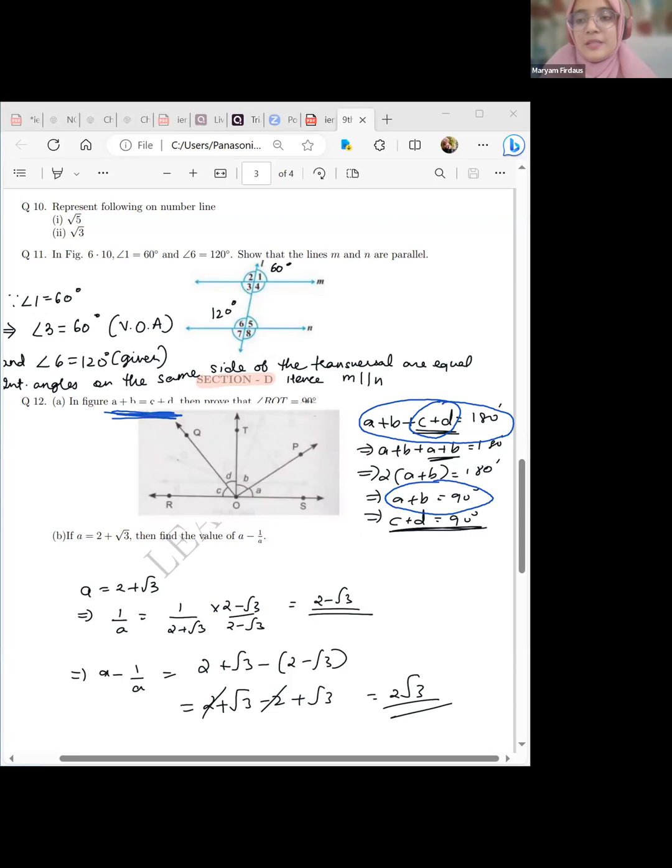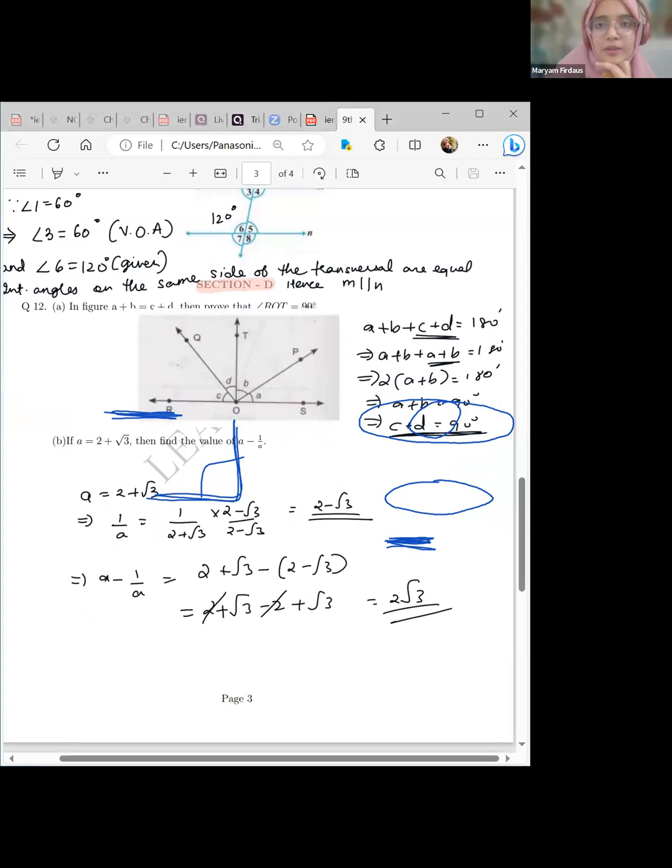And since A plus B is 90, that means C plus D is also 90 because they are both equal. It's given in the question. So that means angle ROT, which they were talking about, is equal to 90. Any doubts in this question? Abdul Jabbar, is this clear? Yes, ma'am.